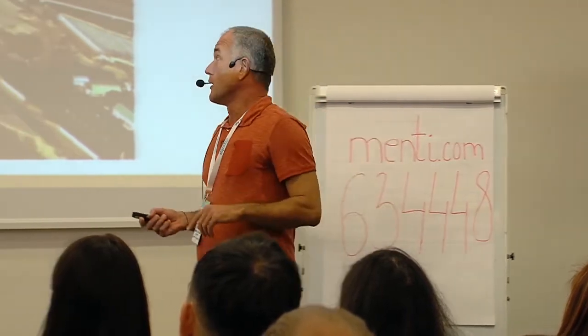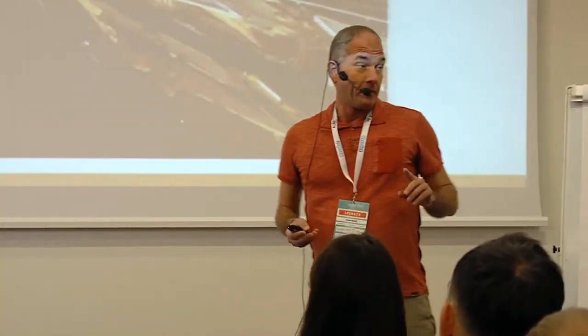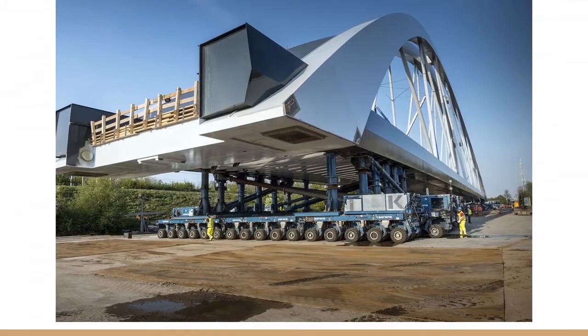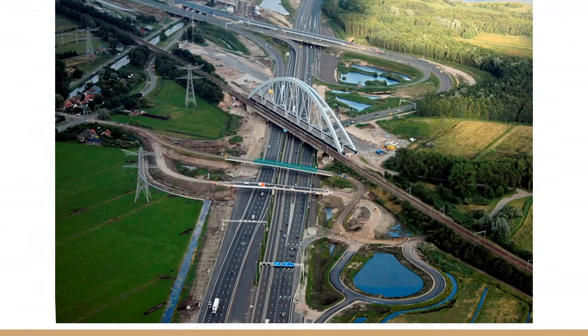It's a 250 meter long bridge. This thing is big. Then in 6 hours' time, it was moved 400 meters. It was moved on, let's say, pretty big vehicles. Next, it ended up there.